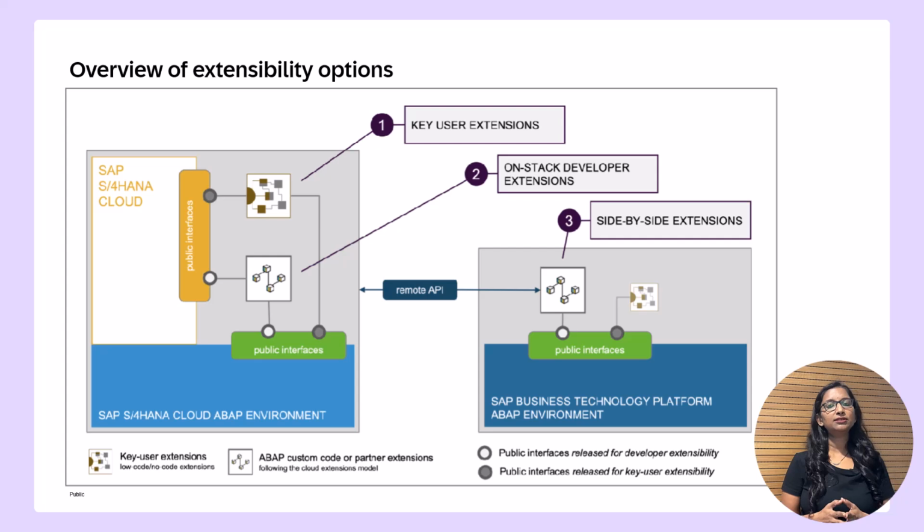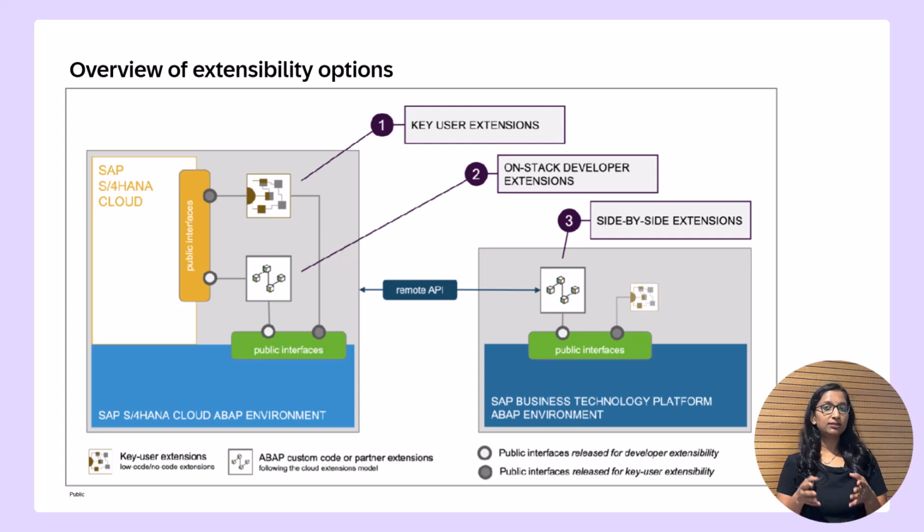The second one is on-stack developer extensibility, using the SAP S/4HANA Cloud ABAP environment for developer extensions that are implemented in ABAP directly on the SAP S/4HANA Cloud technology stack.